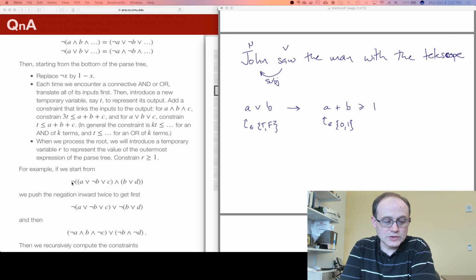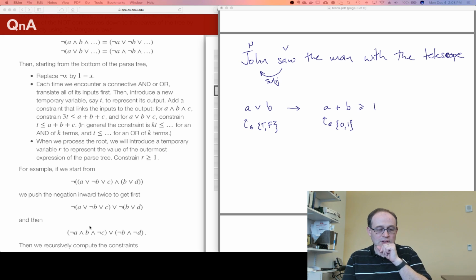So if you start from this expression, you push the negation through this and, flip the and to an or, and you have a negation of both of the arguments of the or. Then recursively, you push this negation through the or, flip it to an and, and same thing for the other one. And I use double negation elimination, so you negate not B, and you turn that into B.